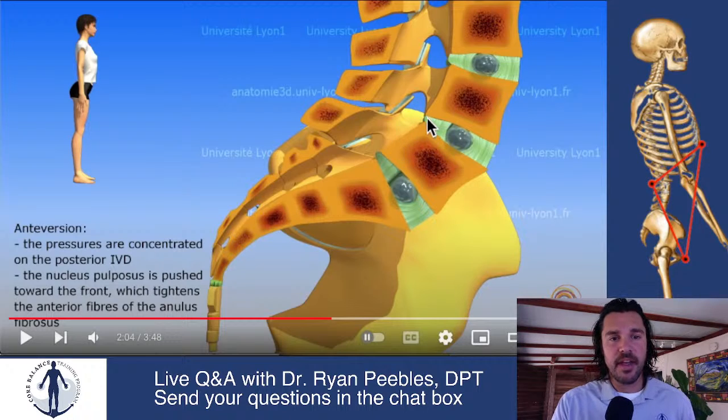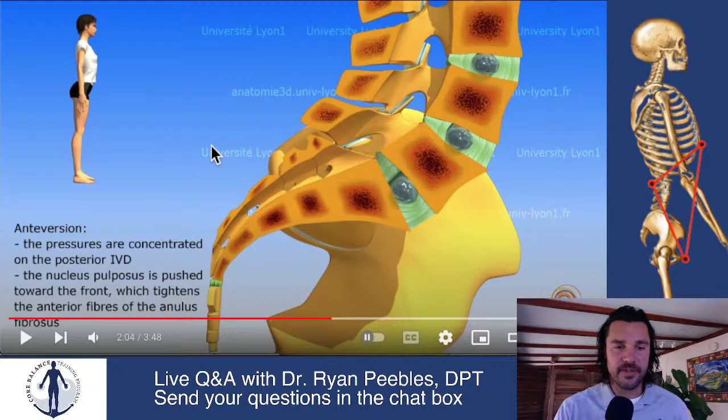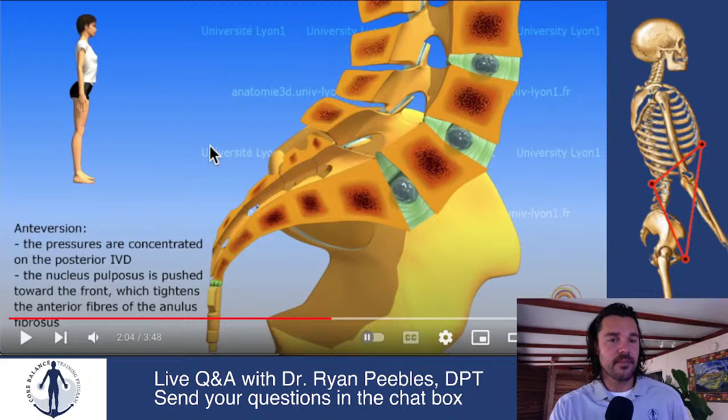And so we want to have space here, and that would be probably the number one problem that anterior pelvic tilt causes, the closing down of the space needed for the nerves and blood vessels to exit. And if you feel nerve symptoms in your legs, or even the symptoms in your legs could be coming from blood vessels as well, it's possible that this could be the cause.